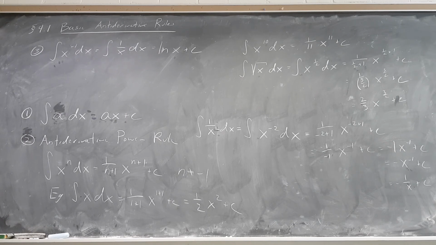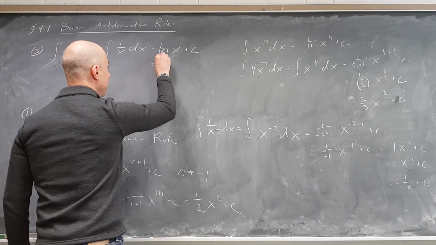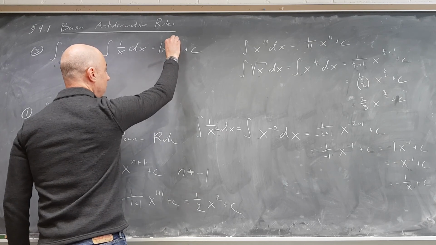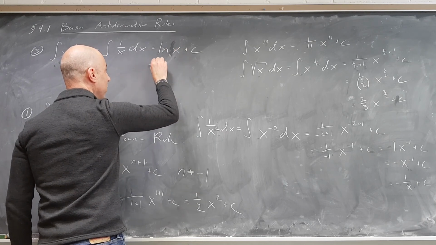Now in calculus 2, you might write that even a little bit more comprehensively, and we'll explain why in calculus 2 for those of you moving on. You can actually write that this is equal to the natural log of the absolute value of x.